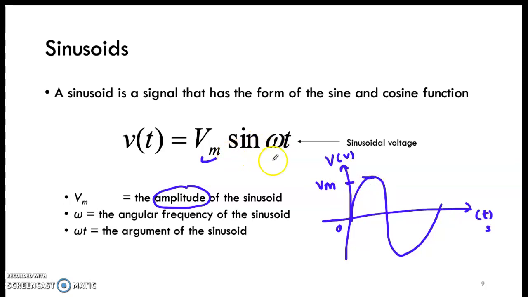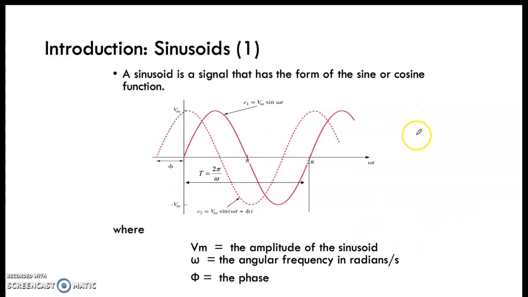Then you have here sine, so this is a sine function. And you have omega here. What is omega? It is what we call angular frequency, and omega t is the argument of the sinusoid. So what is angular frequency, denoted by omega? Let's see the visual presentation here. There are two graphs here.